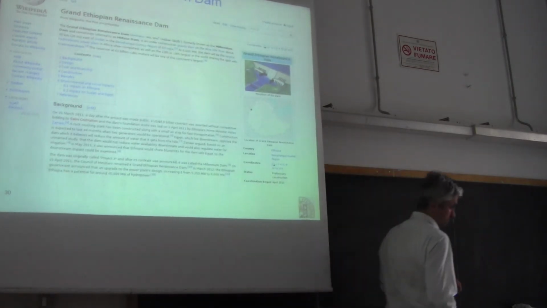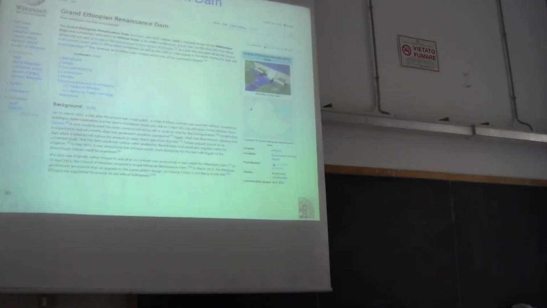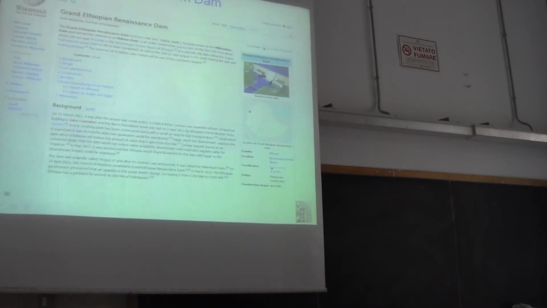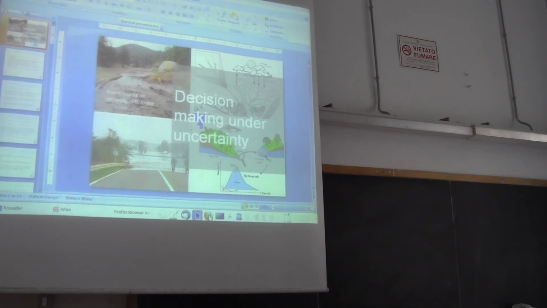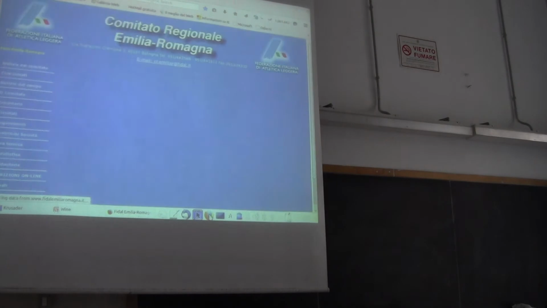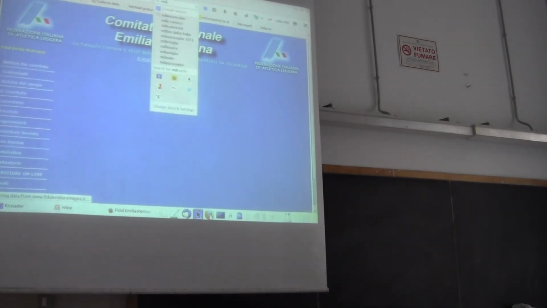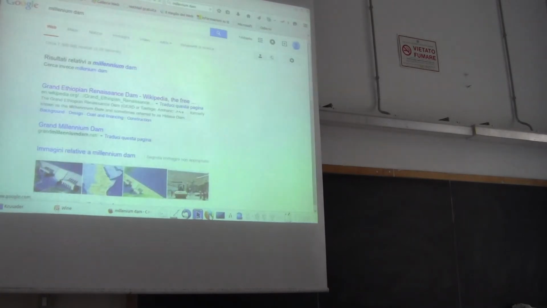And it's recent, not relatively. I just would like to see if I have the connection. I want to show you the updated page. If one searches for Millennium Dam, here you get it.